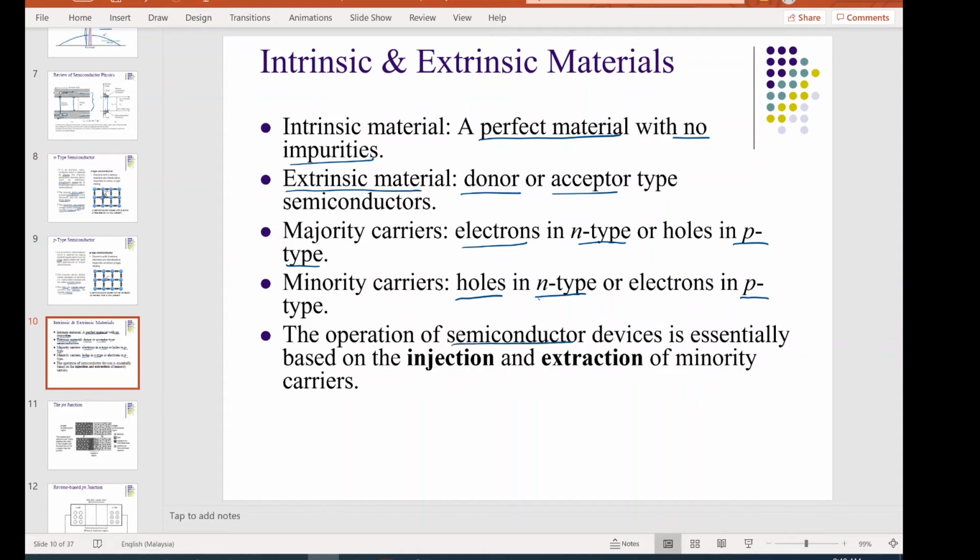The operation of semiconductor devices is basically based on the process of injection and extraction of minority carriers.